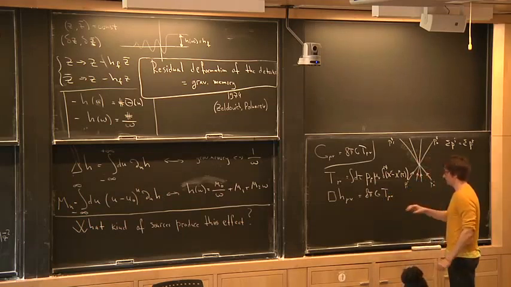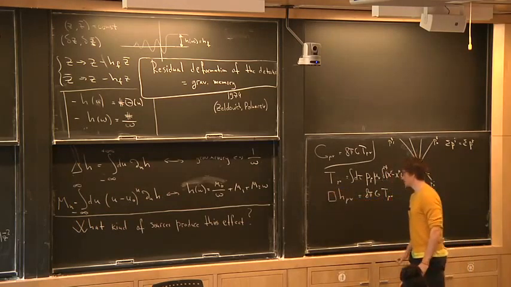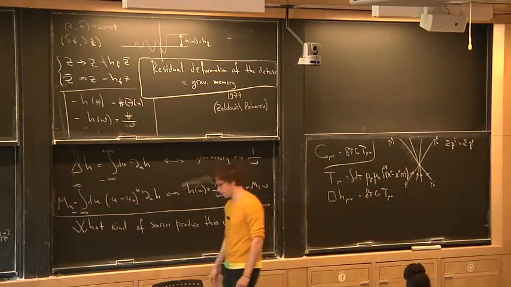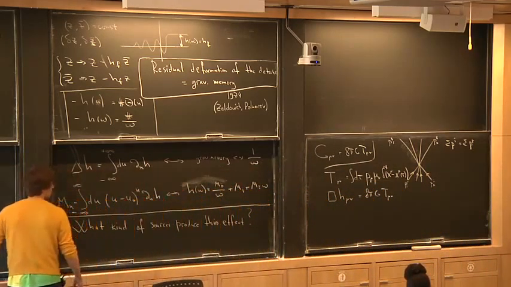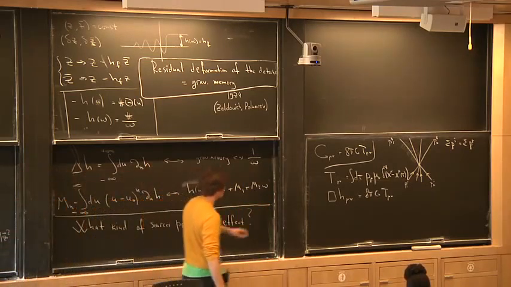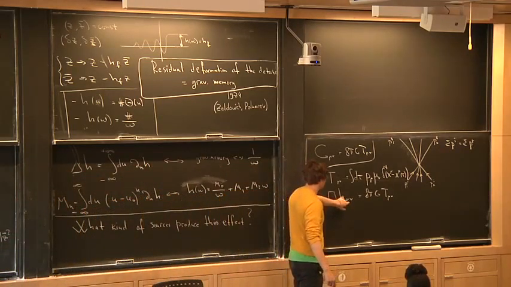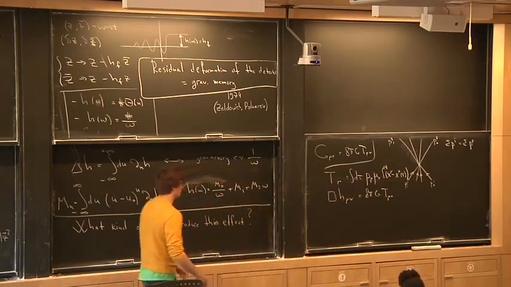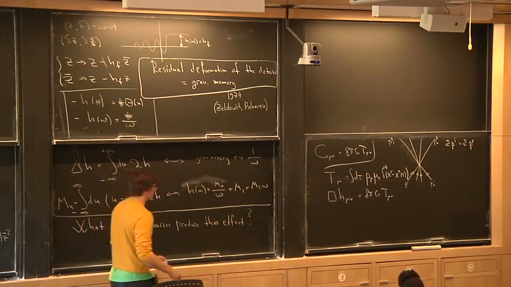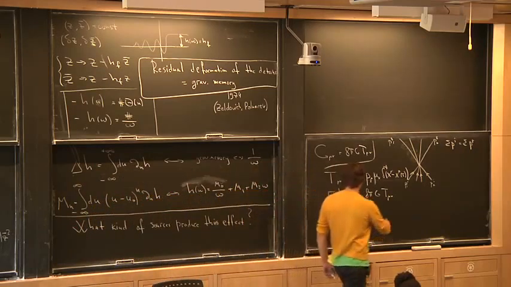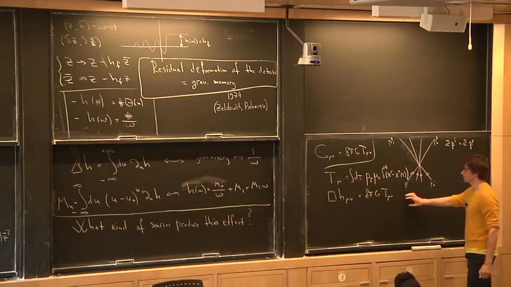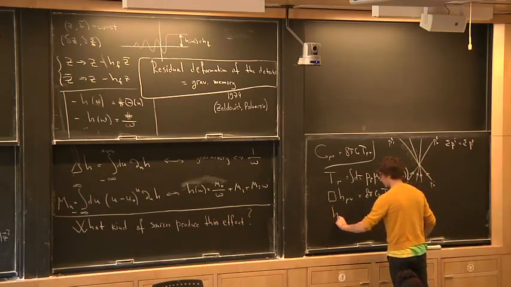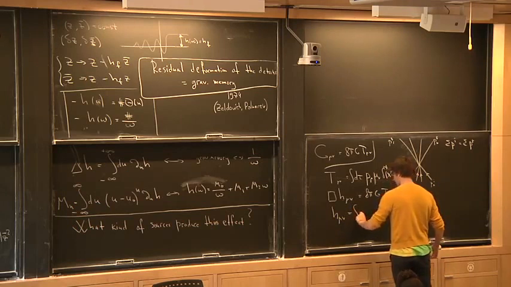And then you can use a simple retarded propagator and solve for h, and you find something quite interesting. If you take the retarded propagator, compute h mu nu using it.